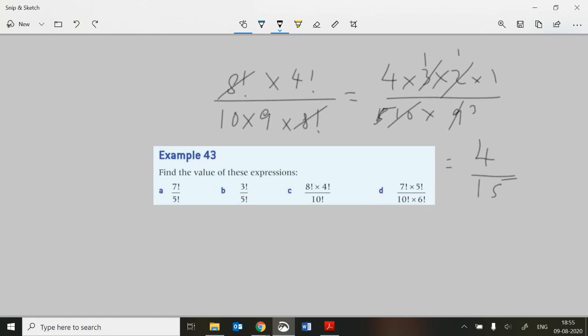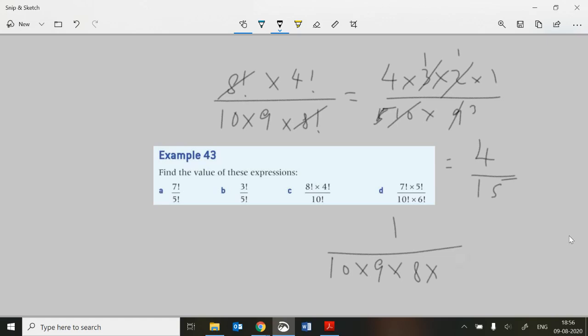You'll see that some things cancel. I mean, this is contained in here, and 5 factorial is contained in 6 factorial. So you're going to be left with, on the bottom, I think, this one, 10 and 9 and 8, and then I think as well, what else is going to be left?